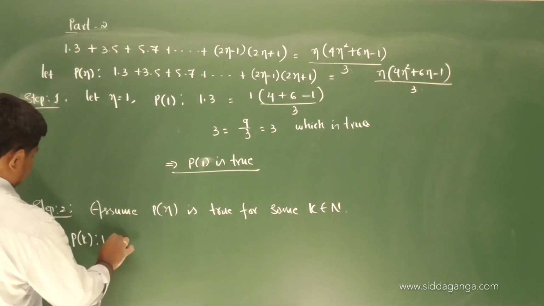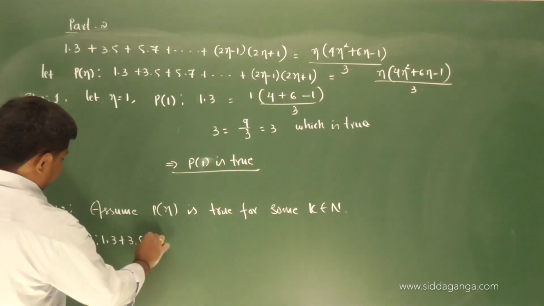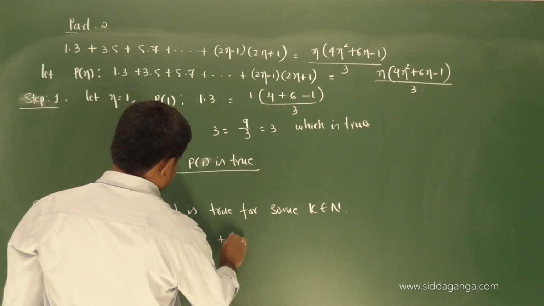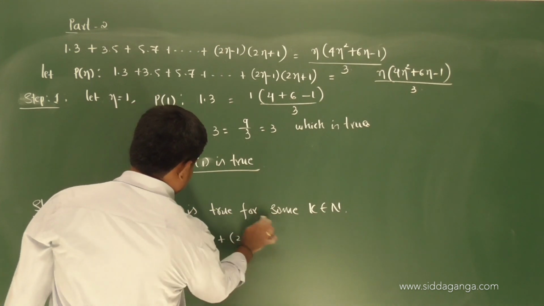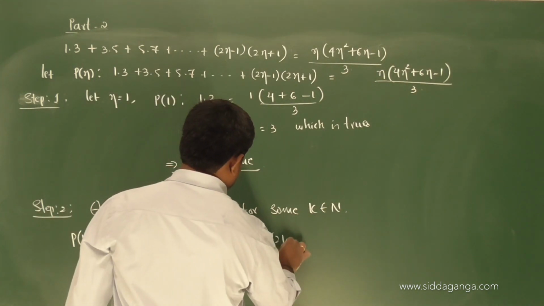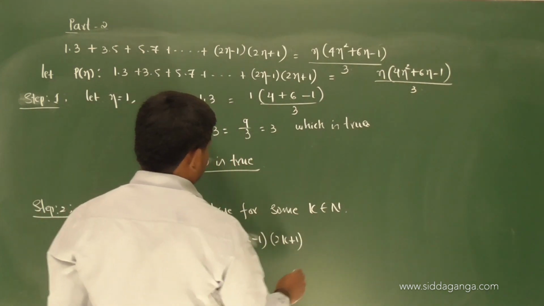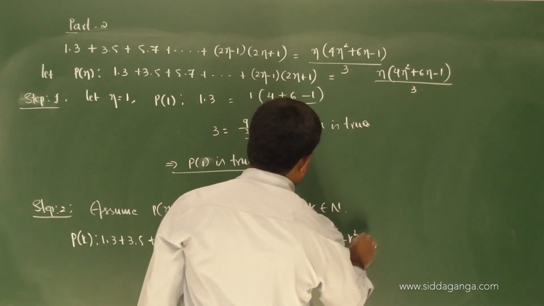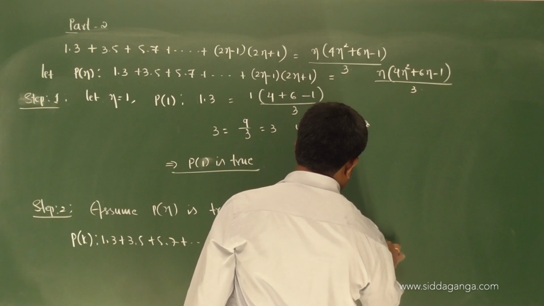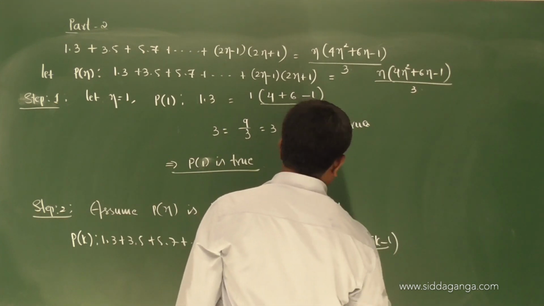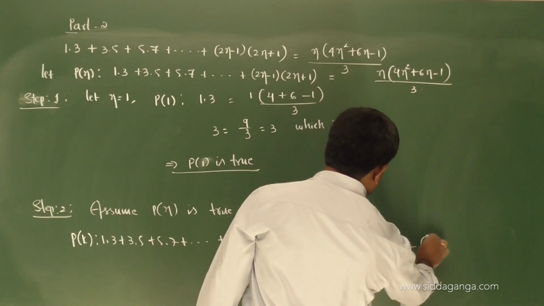Yes, 1 into 3 plus 3 into 5 plus 5 into 7, so the nth term is 2k minus 1 into 2k plus 1 is equal to k into 4k square plus 6k minus 1 by 3. Take it as equation 1.